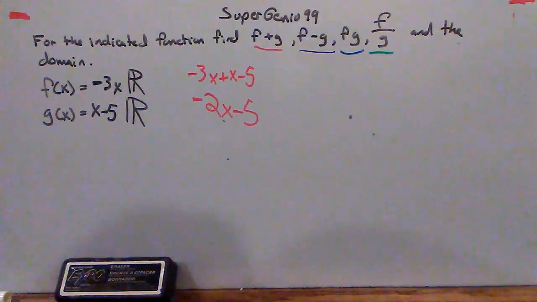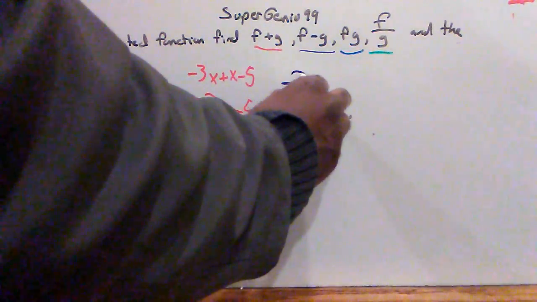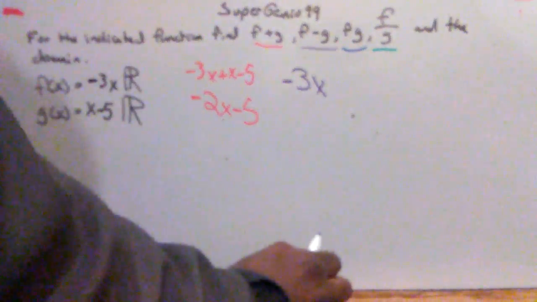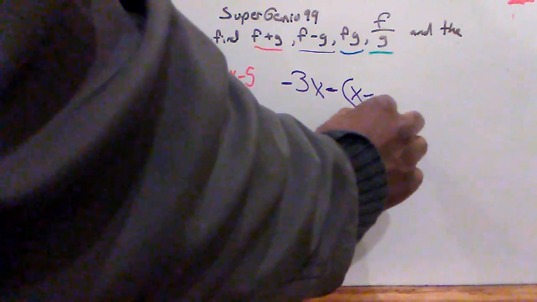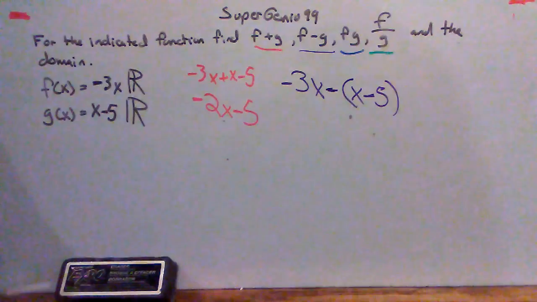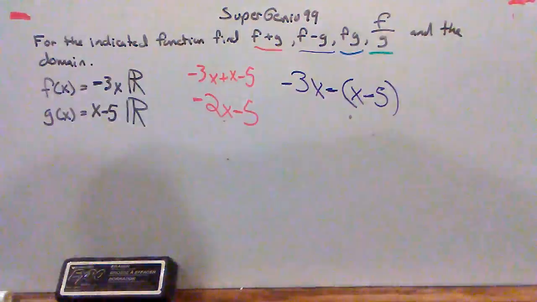F minus g, what does that look like? Okay, distribute your negative. Distribute that minus sign, so it's negative 3x minus x plus 5, because you had to add a line, change the sign.